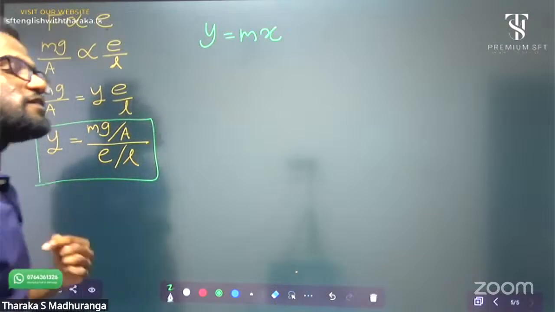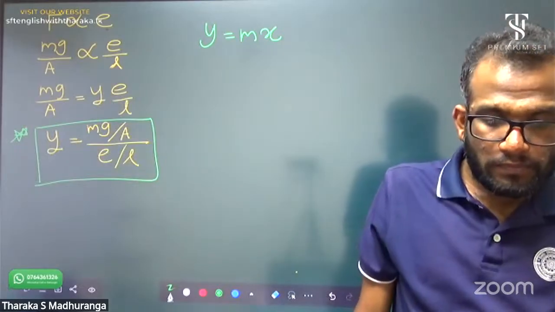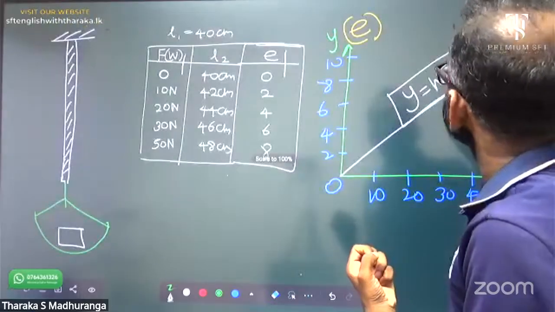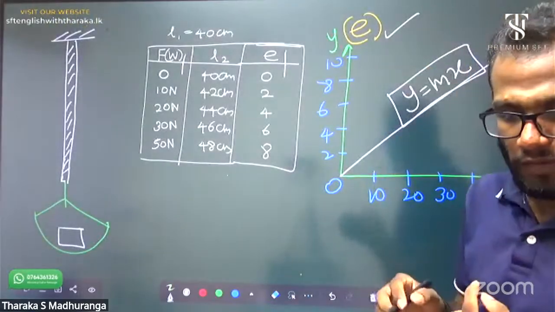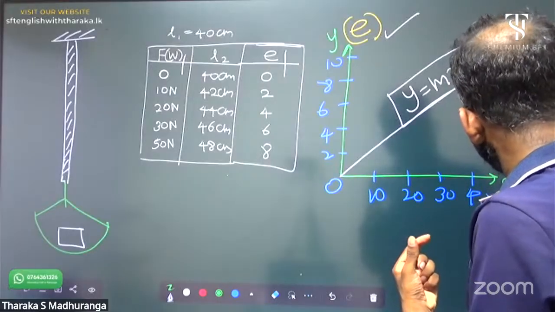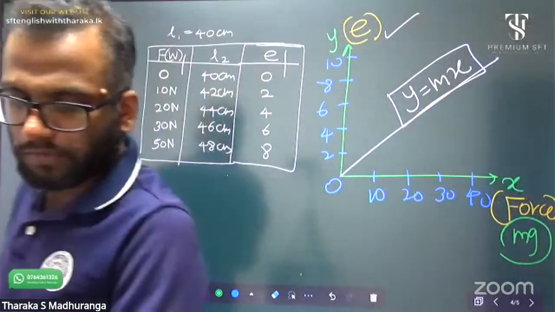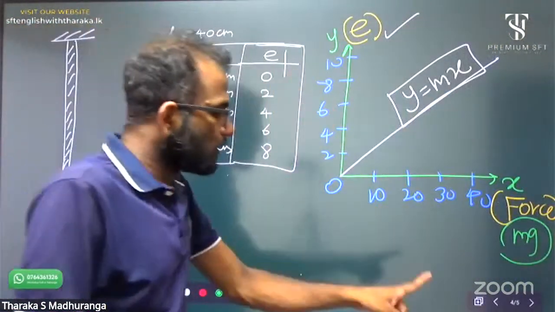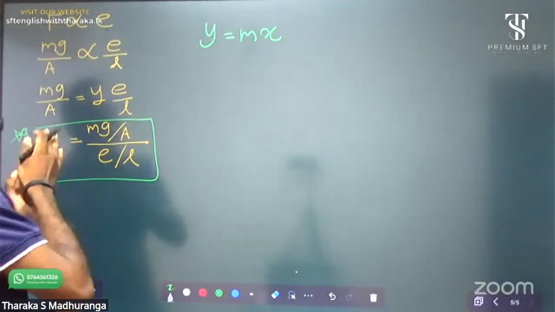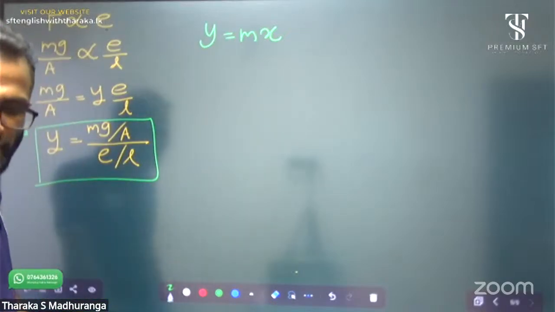Now, what is y? Extension is on the y-axis, and on the x-axis the applied force, that means mg. Now we can prepare this equation, the basic Young's modulus equation, according to the y equals mx form.